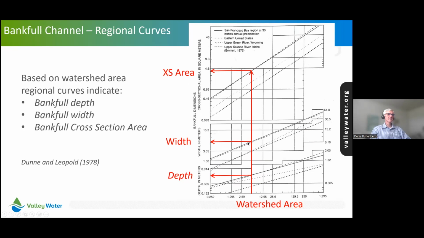And if you go up the curve here, you can plot out, okay, bankfull width is probably about 4 meters, and bankfull depth is probably about 0.6 meters, and the cross section area is about 4.5 square meters. So you can use these regional curves to help you design a channel.